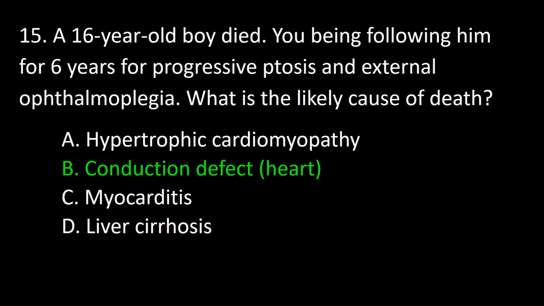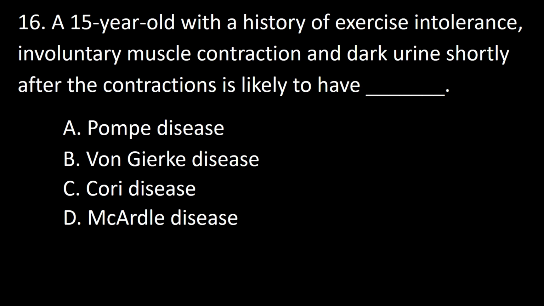Next question. A 15 years old with a history of exercise intolerance, involuntary muscle contractions, and dark urine shortly after the contractions is likely to have A. Pompe disease, B. von Gierke disease, C. Cori disease, D. McArdle's disease.